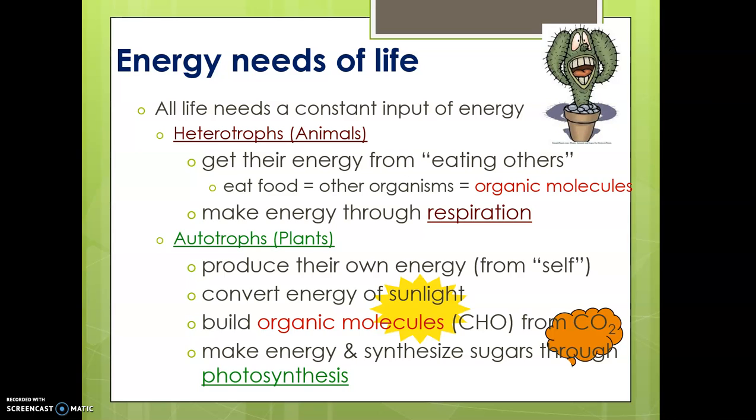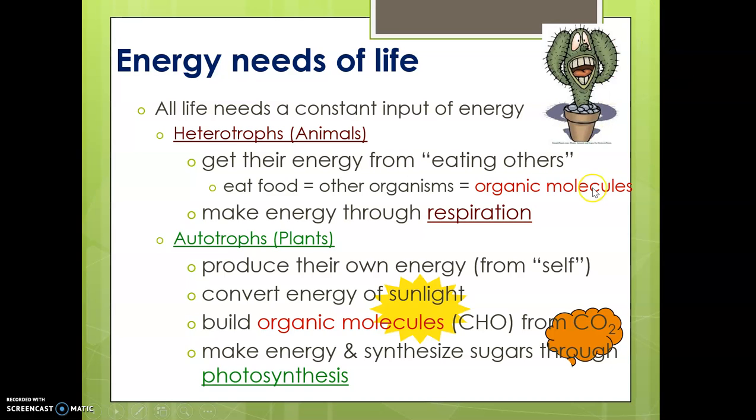What plants do is they convert light energy from the sun into chemical energy to make glucose. We talked about there being tons of different forms of energy. Well, light energy from the sun is one of them, and that's the main thing that plants need in order to make glucose.